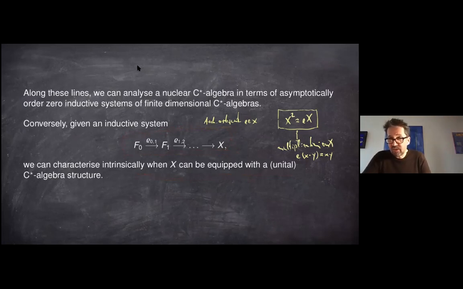And it turns out this is possible by work of Sato and Ozawa. It's implicit in work of Ozawa and was spelled out in work of Sato. So this will force the C-star algebra A we recover from X along these lines to be nuclear.